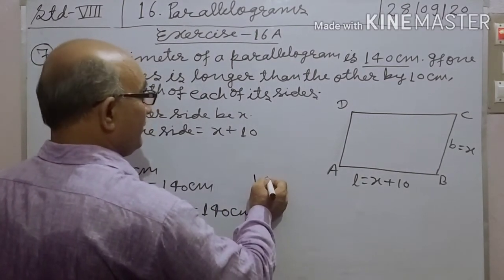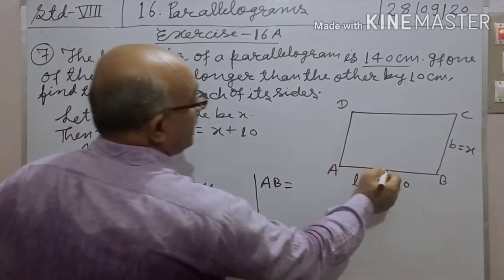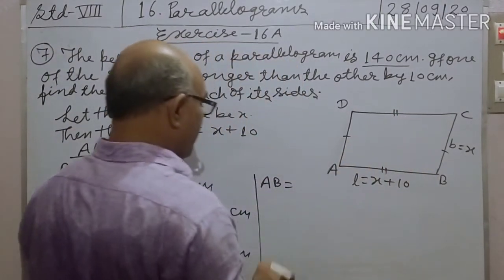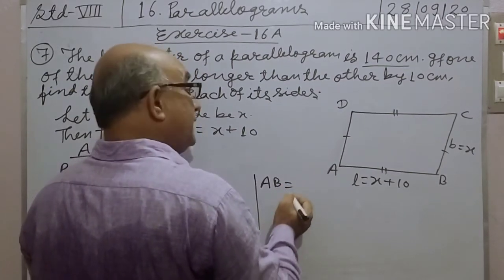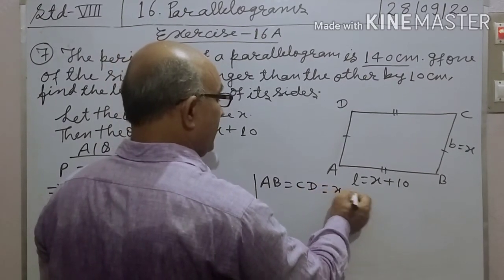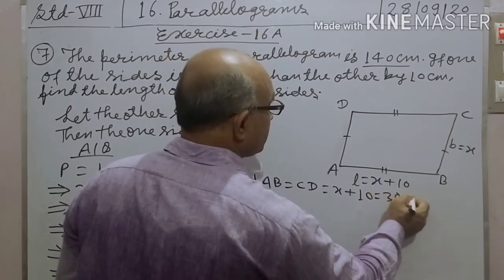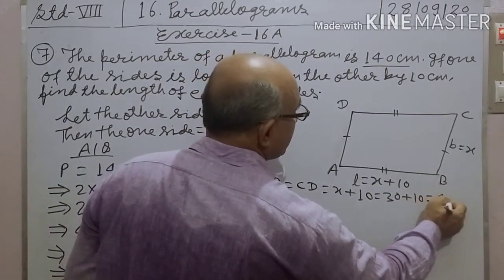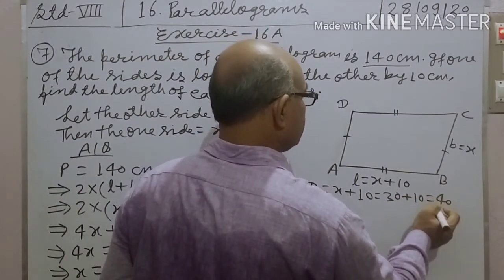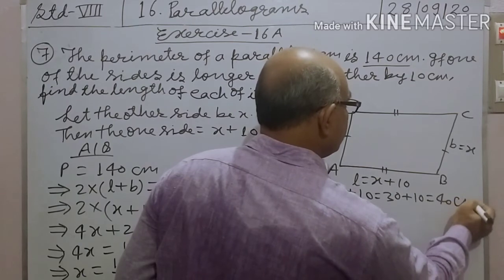Now side AB equal to CD. Opposite sides are equal, and BC equal to DA. AB equal to CD equal to x plus 10 equal to 30 plus 10 equal to 40 cm.